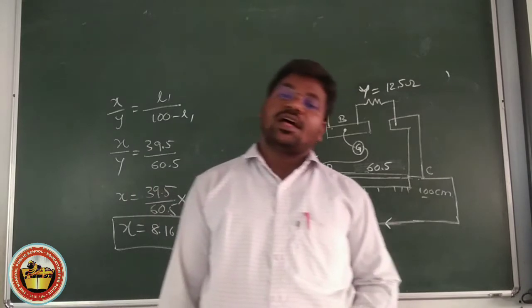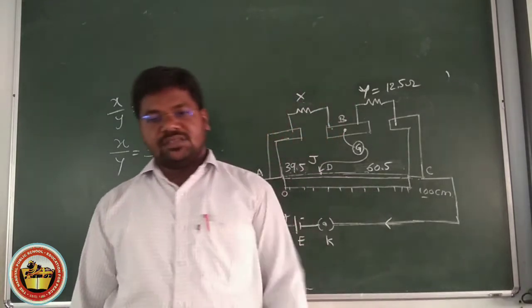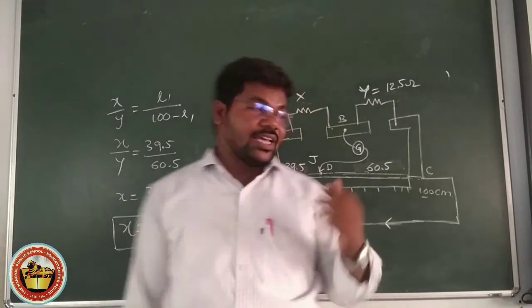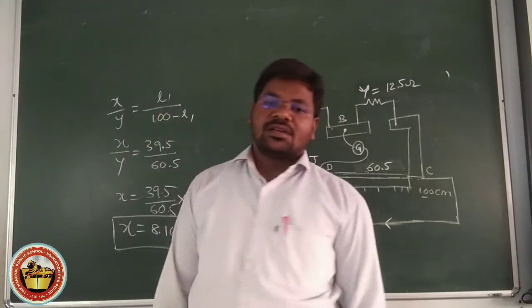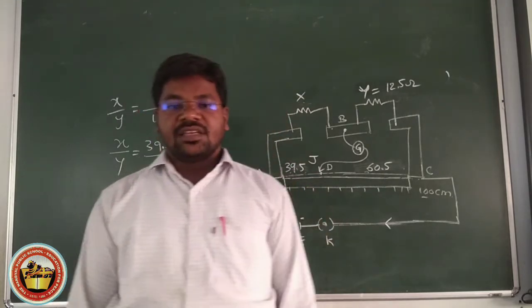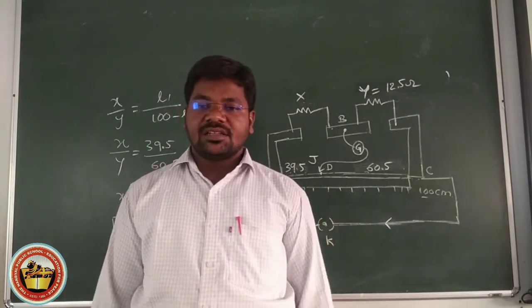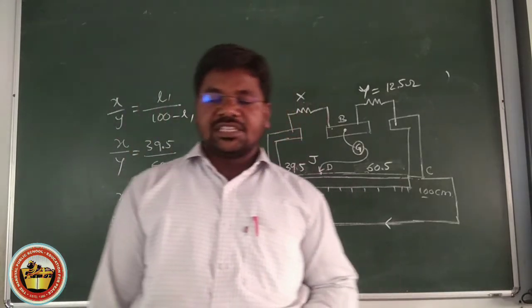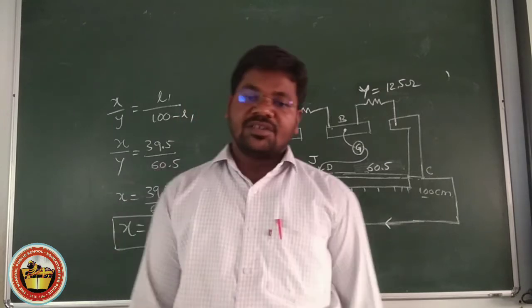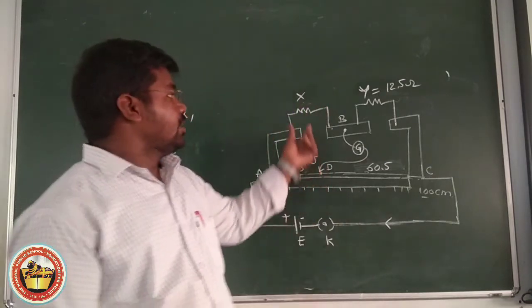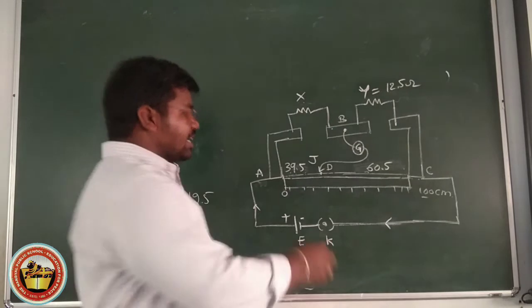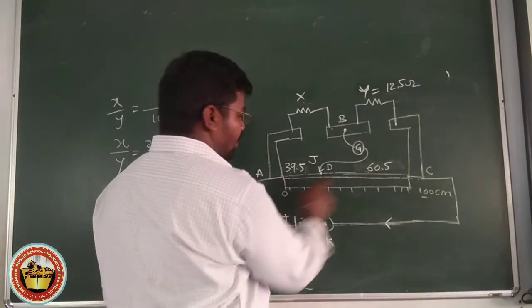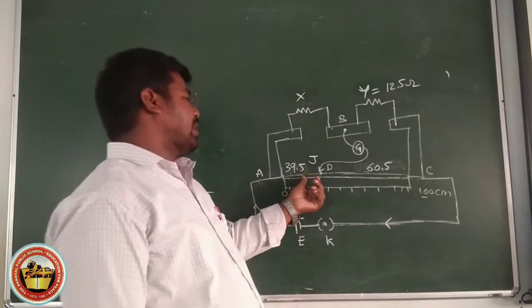Coming to question B. If X and Y are interchanged, then the balancing point will be at 60.5 centimeter from A. If we rearrange this, we get the value of L1 as 60.5 instead of 39.5.